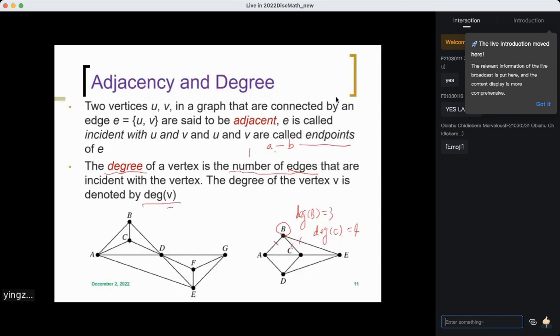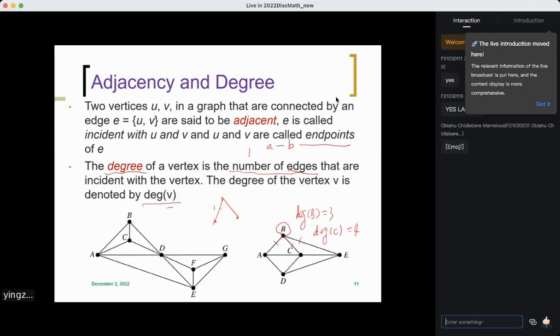So each edge will contribute 2 degrees. So 2 edges will contribute 4 degrees, and all 3 edges will contribute 6 degrees.